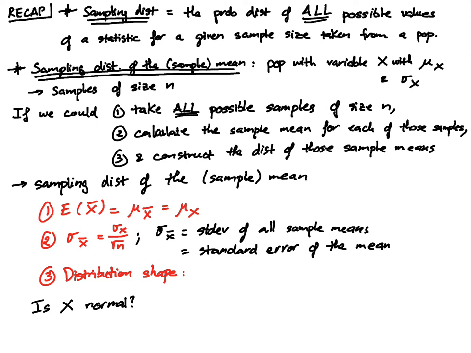So is the underlying variable normally distributed? If the answer to this question is yes, then X bar will be normal regardless of the sample size.